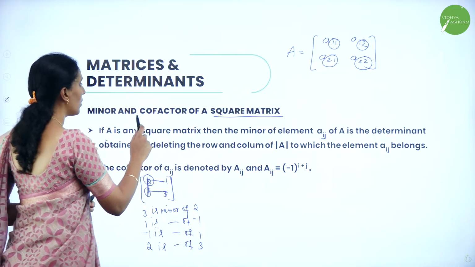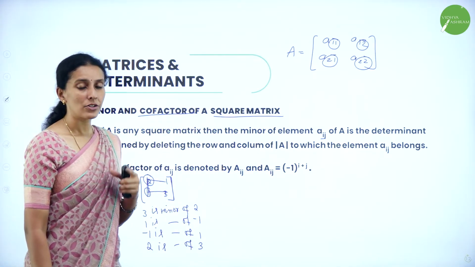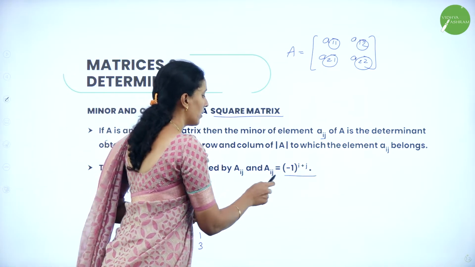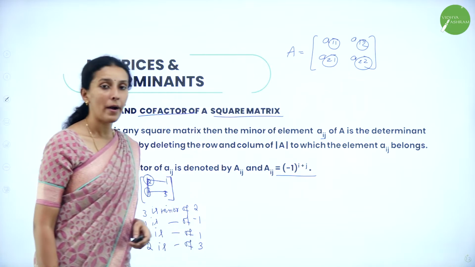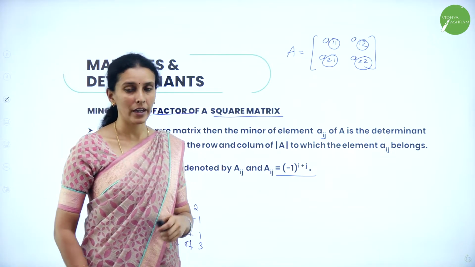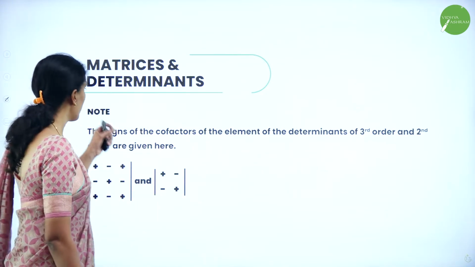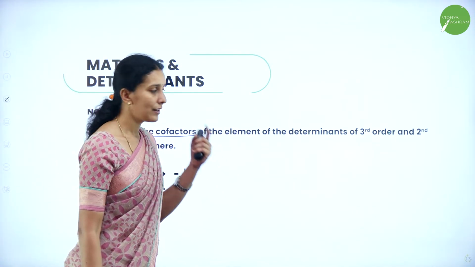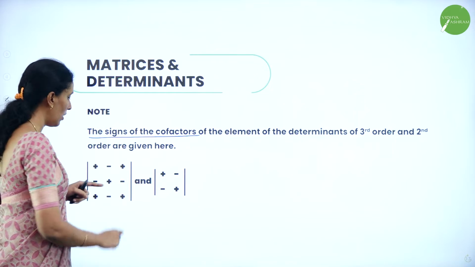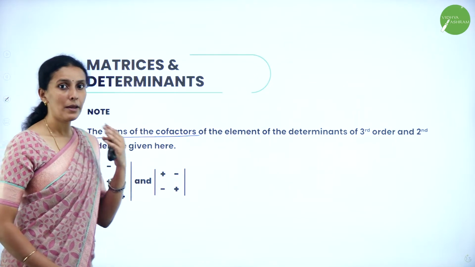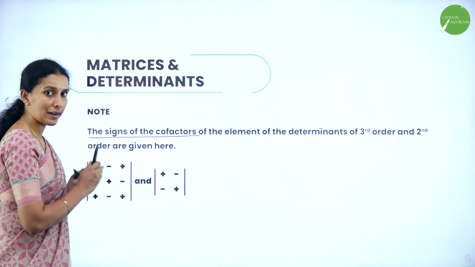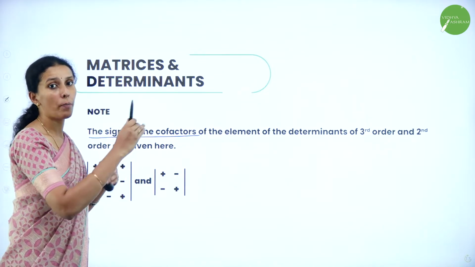Next, we have the cofactor. The cofactor of an element Aij is given by minus 1 to the power i plus j times the minor. To remember the sign, the signs of the cofactors of the elements inside a determinant of third order will be like this. Whatever minors you get, you write those minor elements inside one more matrix.